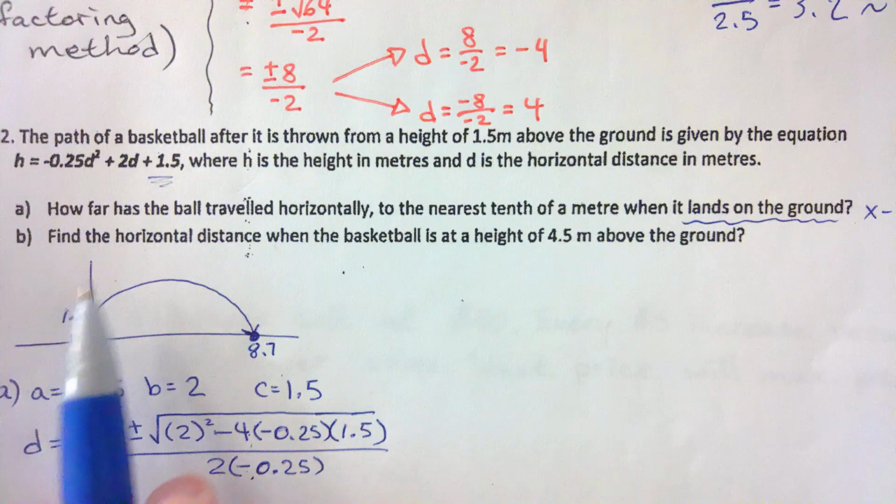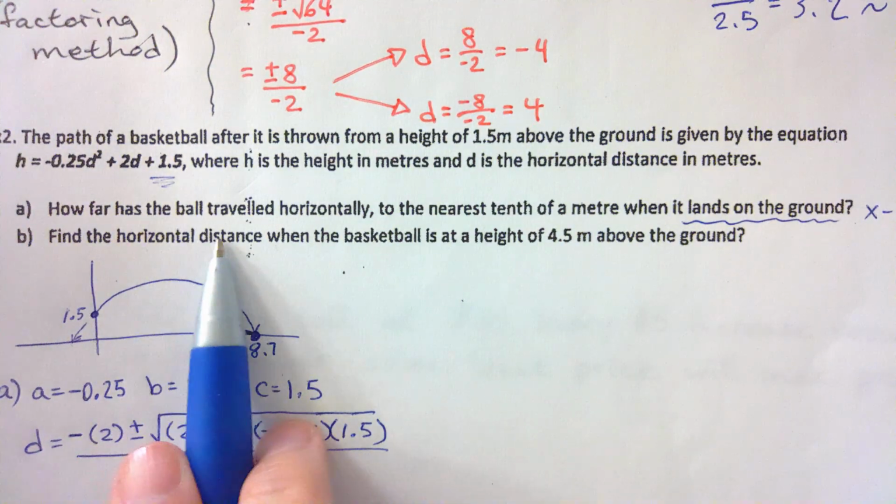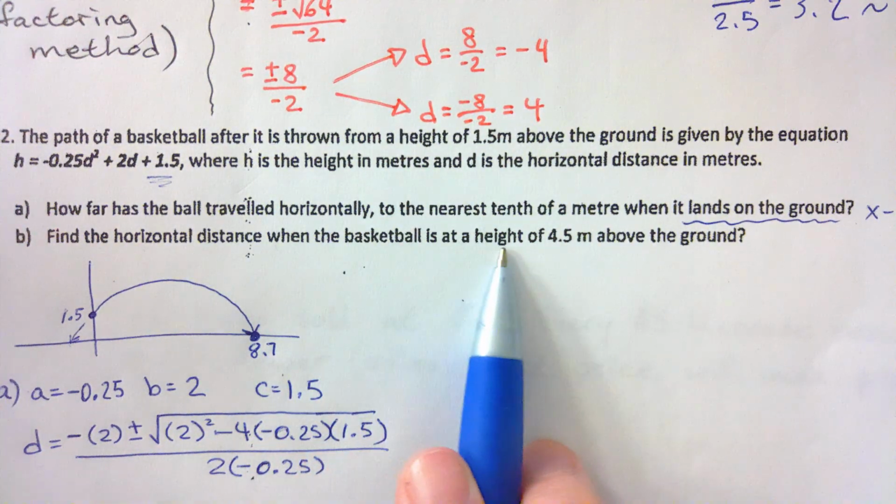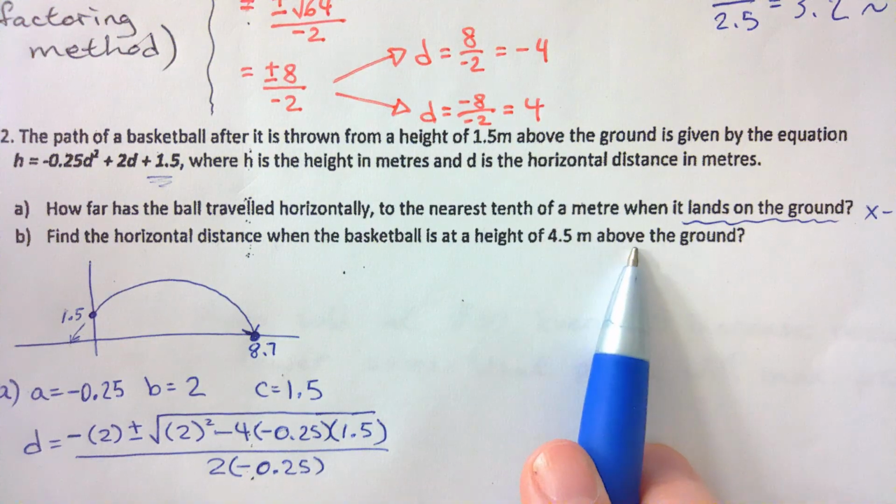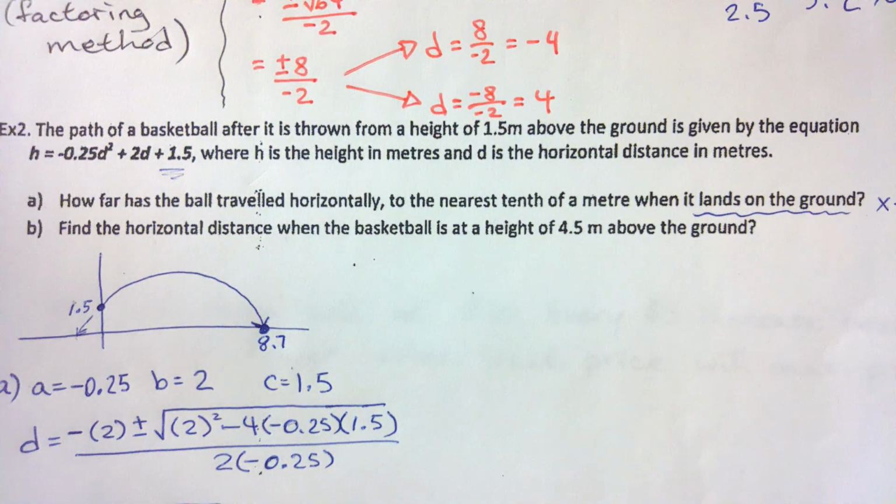There you go. Find the horizontal distance when the basketball is at a height of 4.5 meters above the ground. Okay. What am I trying to solve for? Am I solving for X or Y for B? Yeah. You think it's Y just because we solve for X in A?